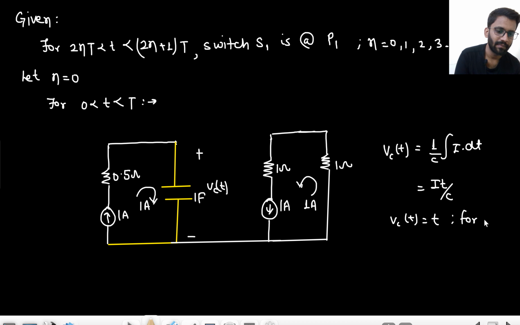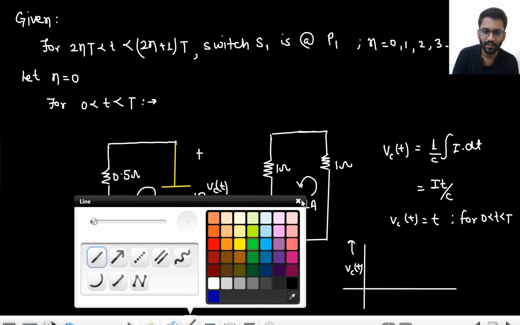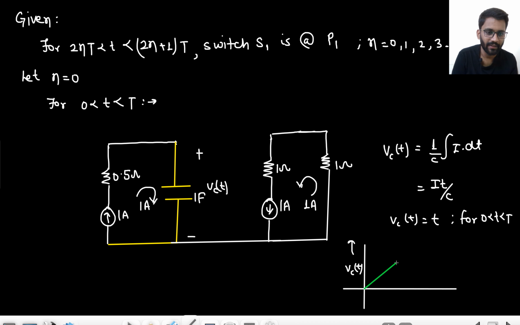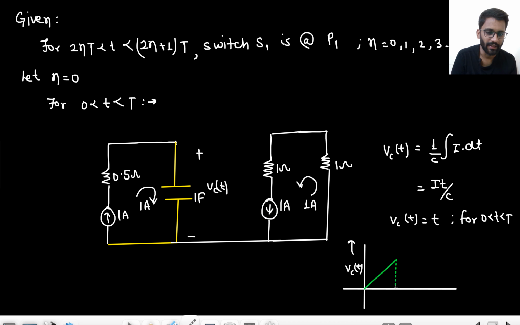So we are drawing the VCT waveform for 0 to T. It rises from 0 to capital T. At time capital T, the value of VCT would be T only, because at t equals T, the value will be T. This is how it rises.